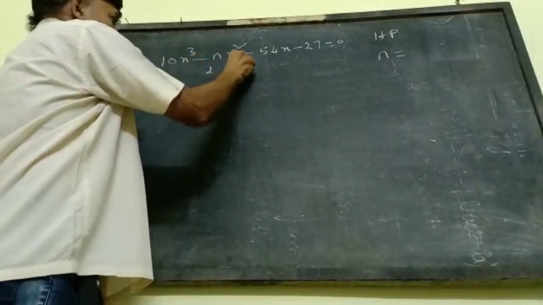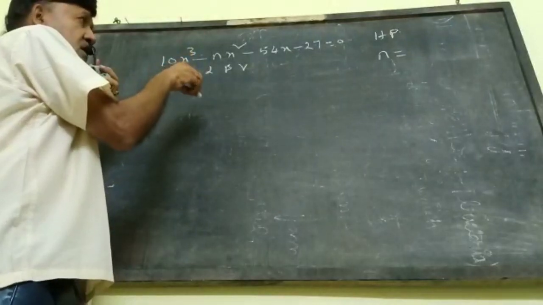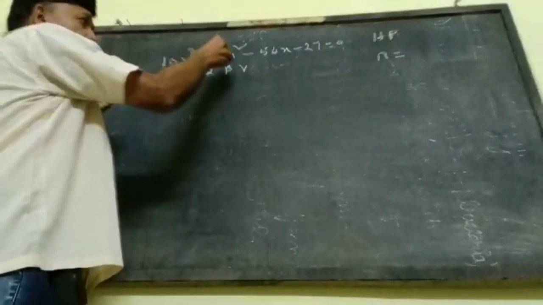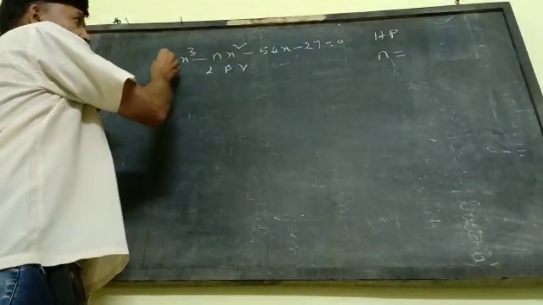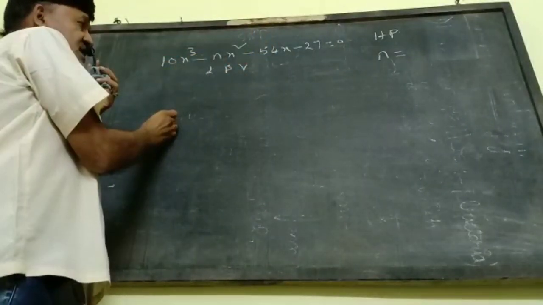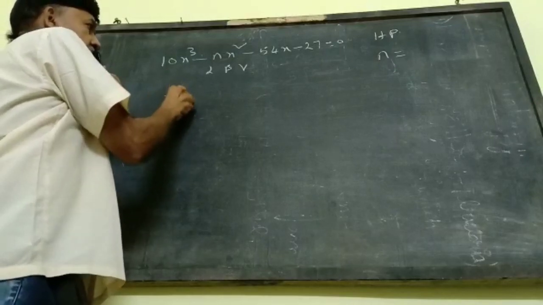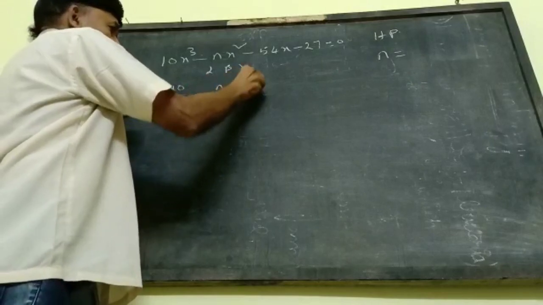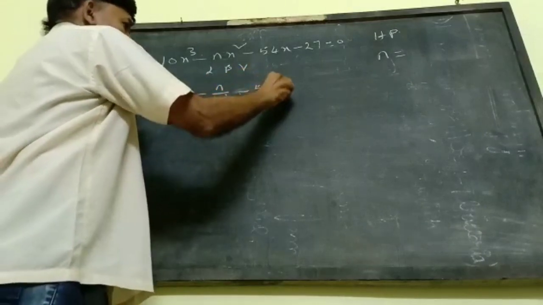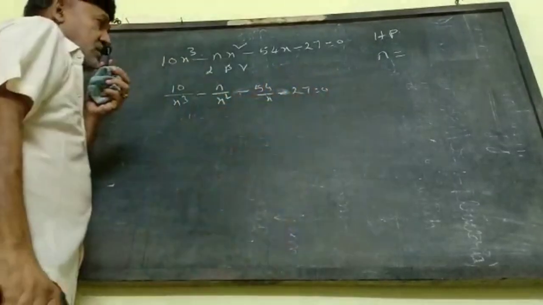Now, in this problem, let us say alpha, beta, gamma are roots. Then you consider an equation whose roots are 1 by alpha, 1 by beta, 1 by gamma. What you have to do is replace x with 1 by x. Then you are going to get 10 by x cube minus n by x square minus 54 by x minus 27 is equal to 0.